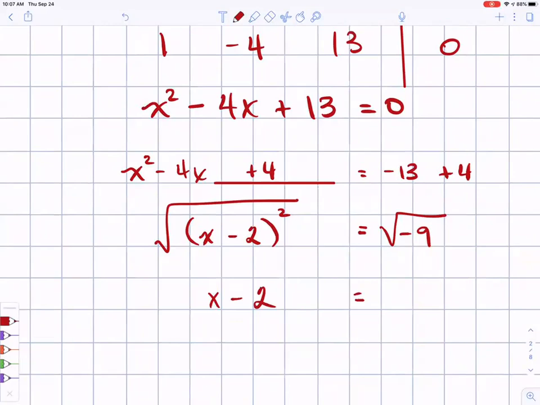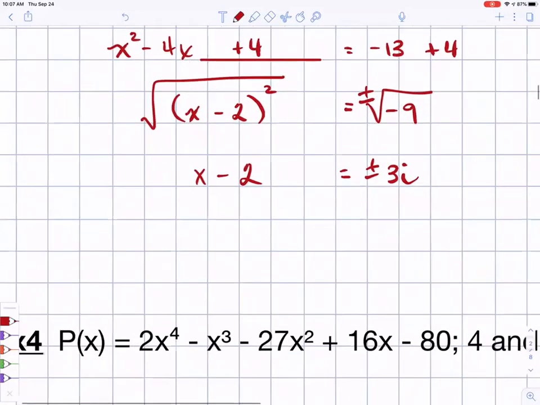And tell me what I haven't written. I need a plus or minus. The square root of the negative is an i. The square root of 9 is 3. And then the last thing to get x alone is to add 2. And I'm writing it in standard form.